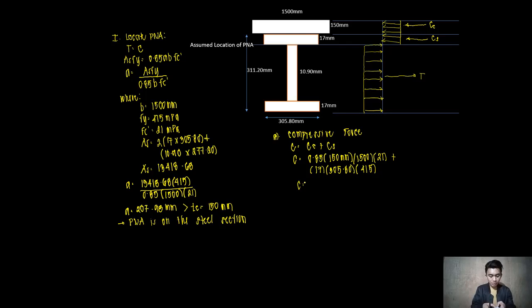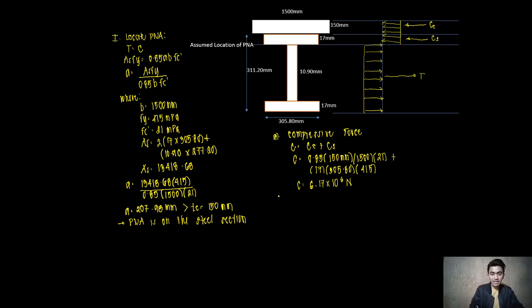Compressive force is equal to 0.85 times 150 times 1,500 times 21 plus 17 times 305.80 times 415. I will now have 6.17 times 10 raised to 6 Newton. Alright, that is for the compressive force.